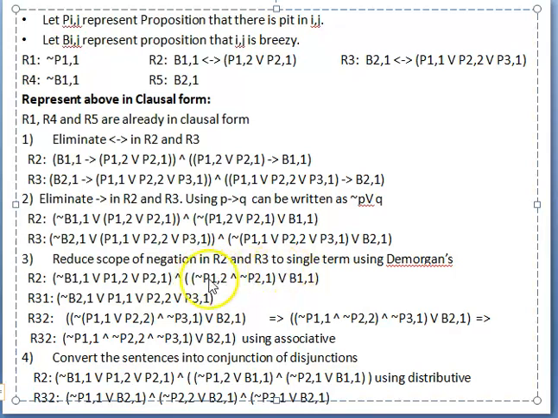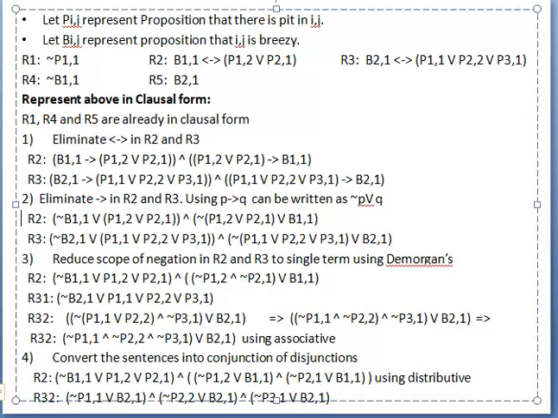We have opened this bracket from here: negation of P12 or B11 and negation of P21 or B11. This is what we have written here. Similarly for R3 too we will open the bracket, this or this one and this or this one and this or this one. As you can see here in R3 too we have written this. So using this we have converted the sentences into the clausal form.